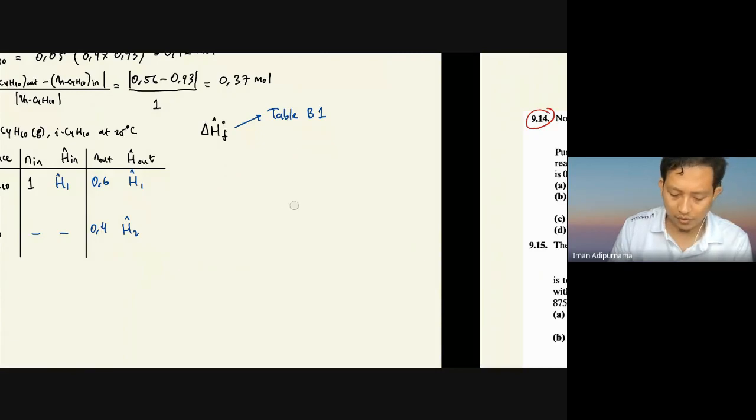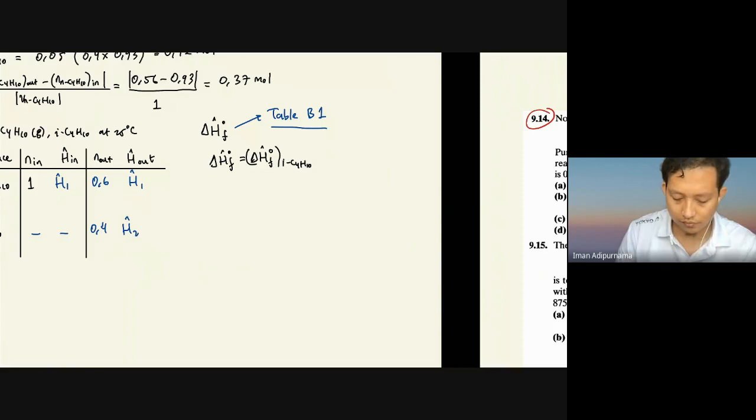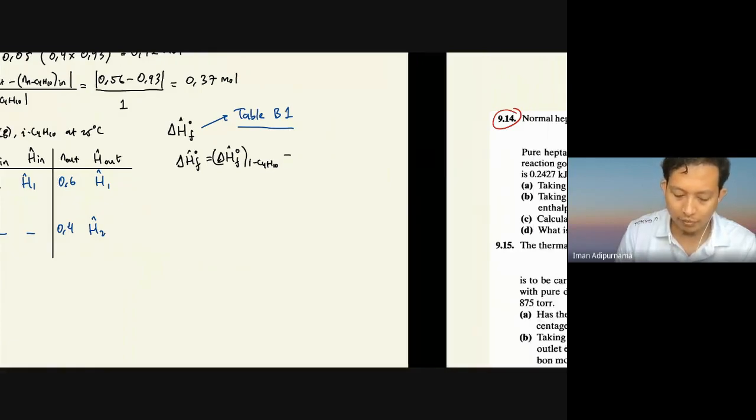Let me erase this, and you can take that delta HF from table B1 and look for isobutane and n-butane. So this will be equal to isobutane minus n-butane.